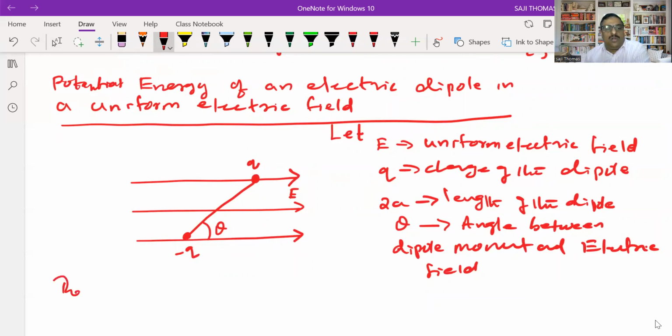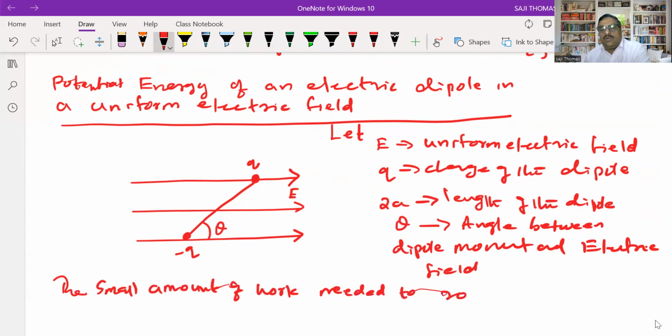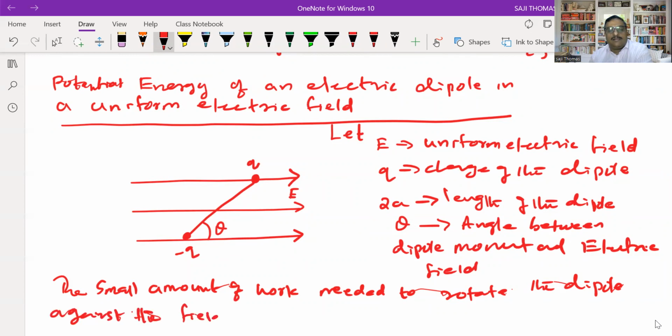So the small amount of work needed to rotate the dipole against the field direction, we can represent as dW.